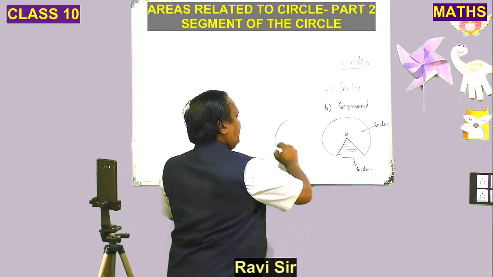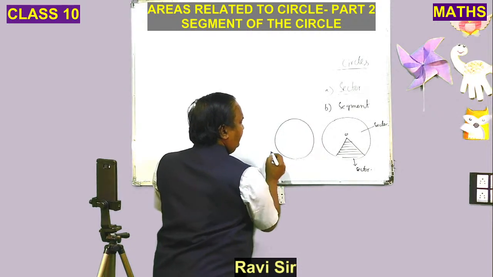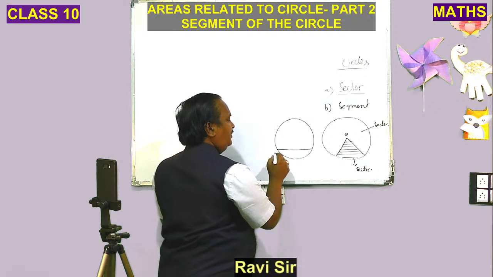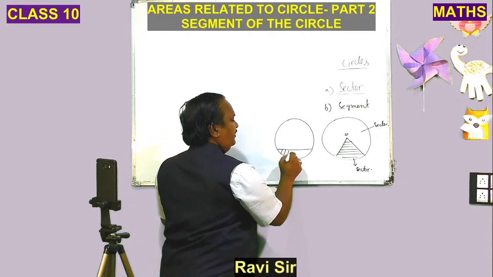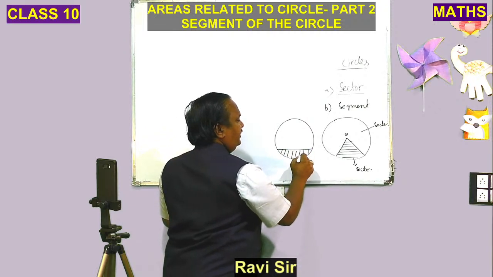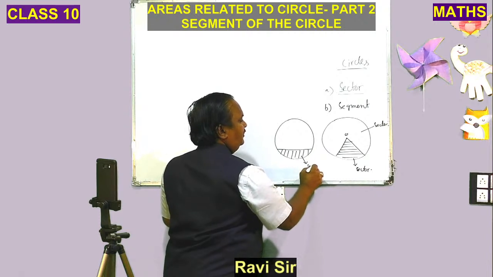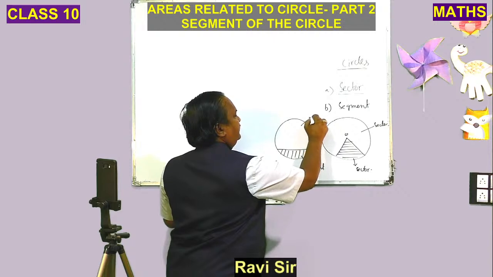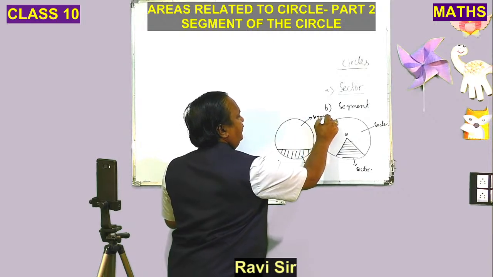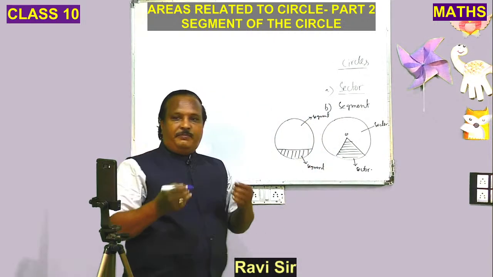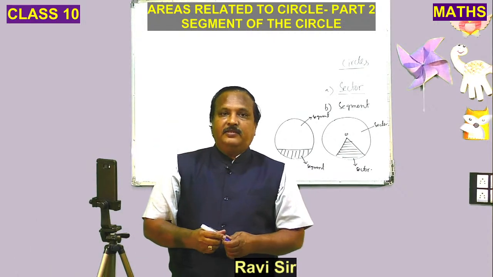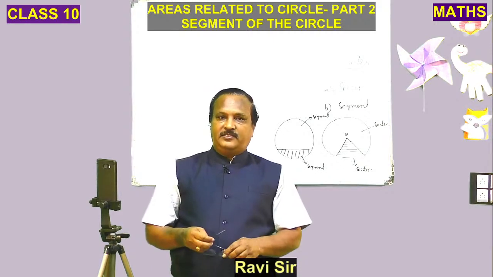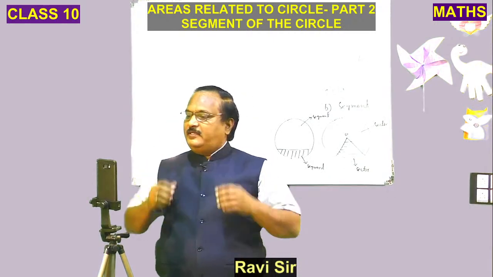You can cut a circle the other way also. If you cut along a chord, you will get a part of the circle, which we call a segment, and this is also a segment. The bigger part is known as the major segment, and the smaller part is known as the minor segment.